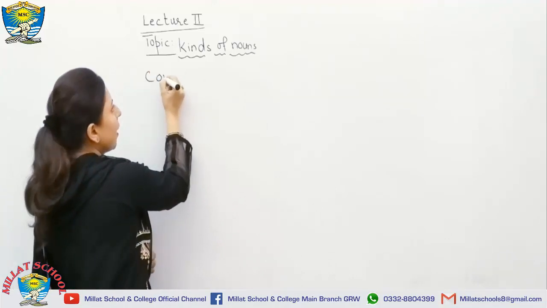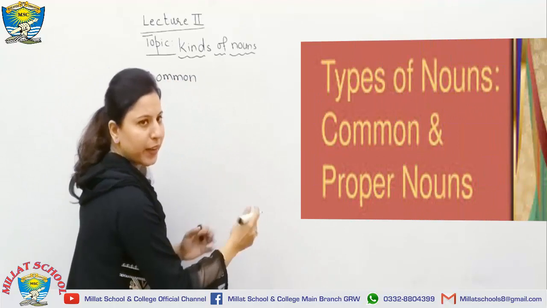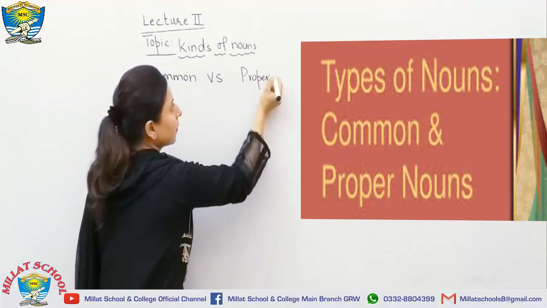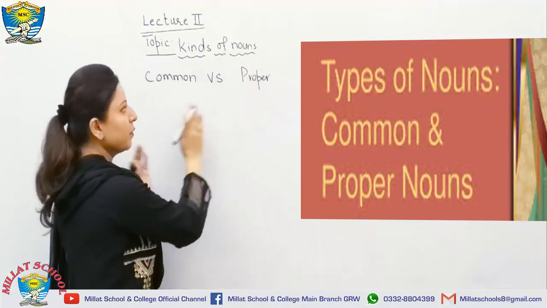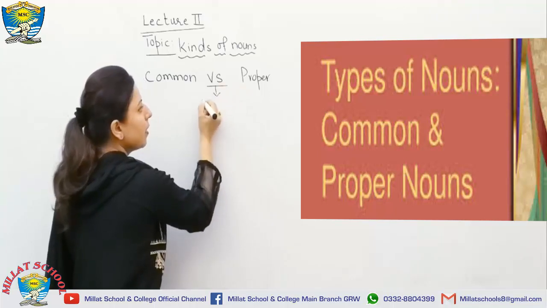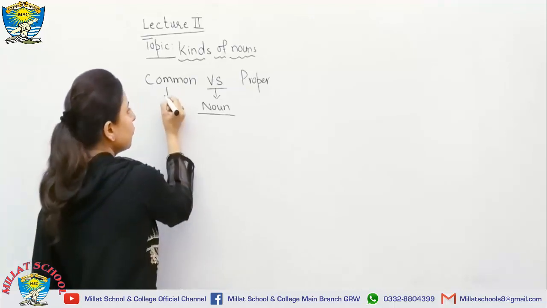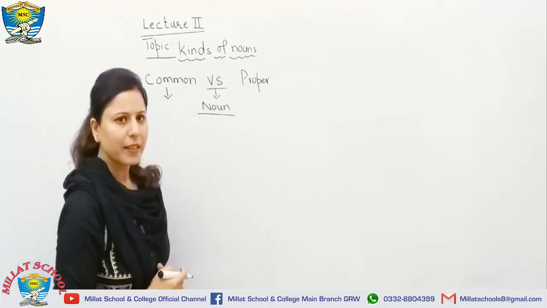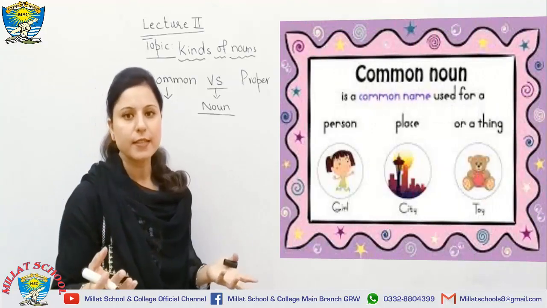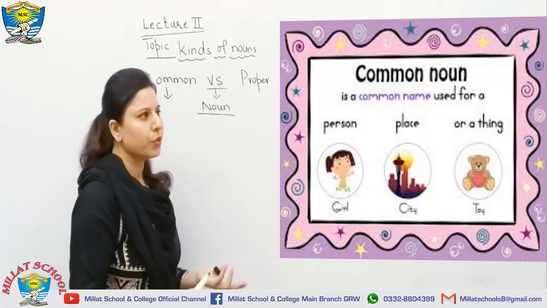The common noun is going to fight with proper. Common versus proper. And what are these 2 things? These are the types of the noun. Don't forget. The first point regarding common: a common noun is a word used to identify some general things around us.